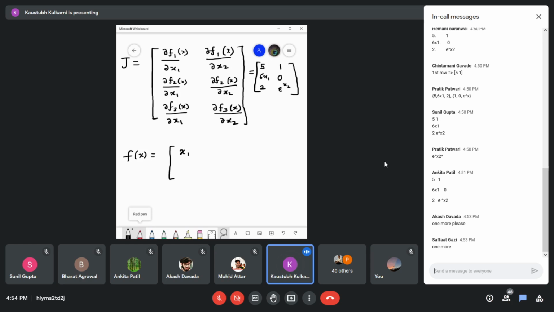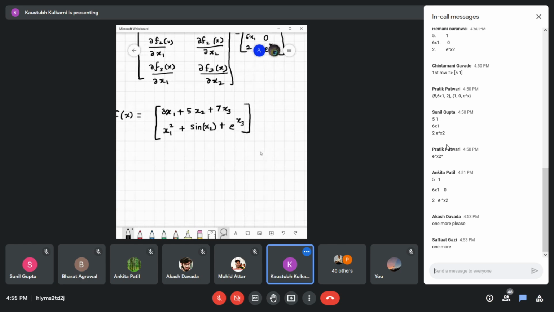Again, keeping it simple, let's say 3x1 plus 5x2 plus 7x3 is one component, and the second component is x1 square plus sine x2 plus e raised to x3. Okay, let's keep it simple only. Try to solve for this.